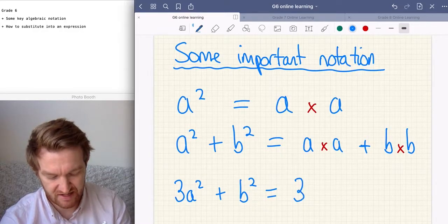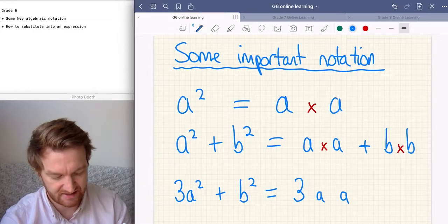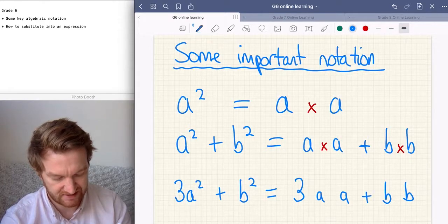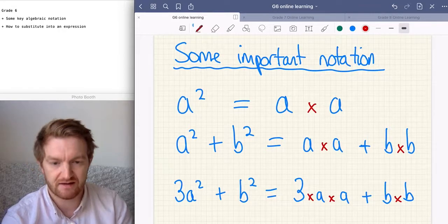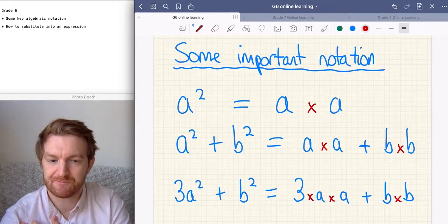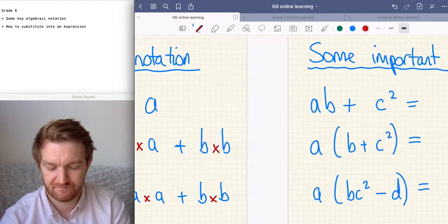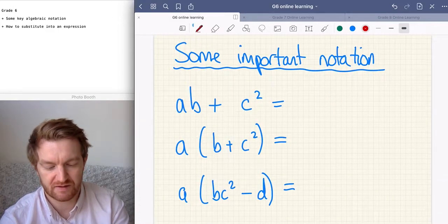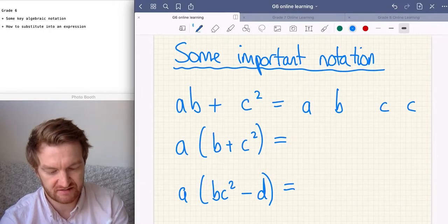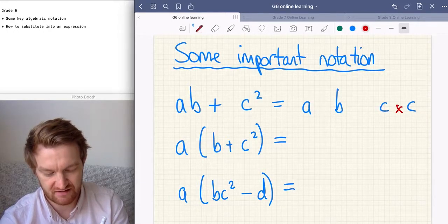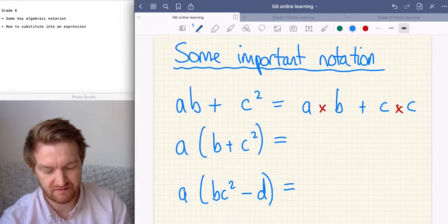Similarly, we've got 3A, 2 A's, 2 B's, we're adding them together, but the B's are times them together, and it's 3 times A times A. Final ones then, we've got A, B, 2 C's. 2 C's are times them together, the A and B are times them together, but they're adding.